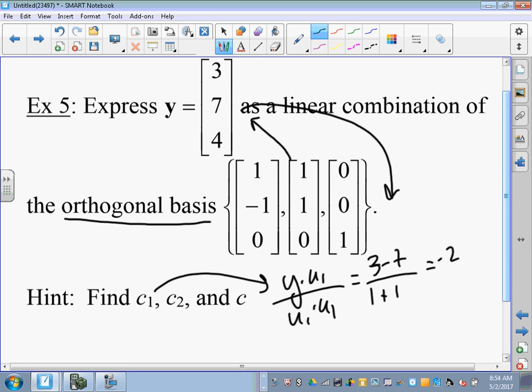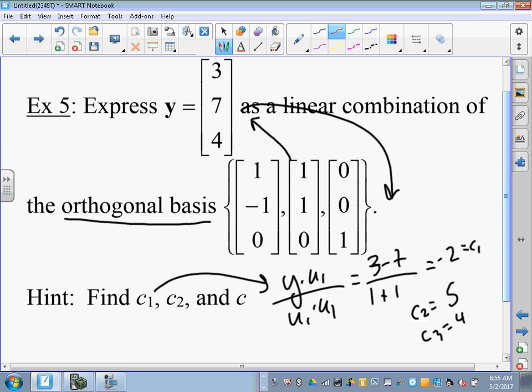And so C1 is that, and we said that C2 is 5, and C3 is 4. So what are we saying really? It says to express y as a linear combination of the orthogonal basis. So how do we get from these vectors to this one right here?